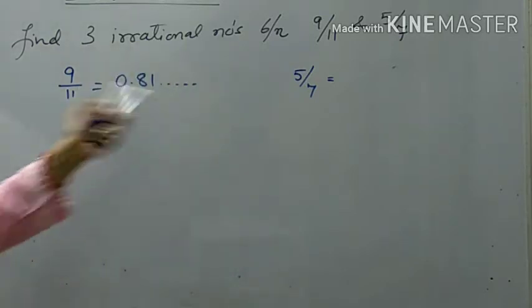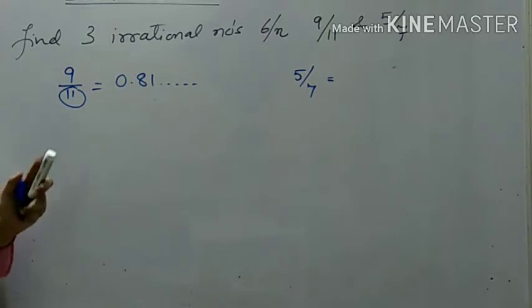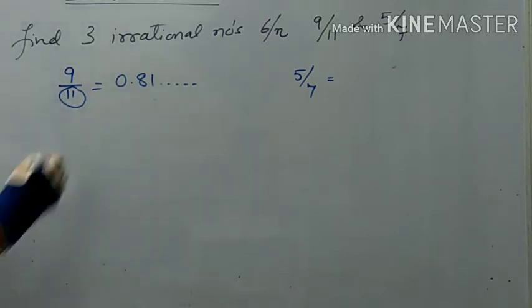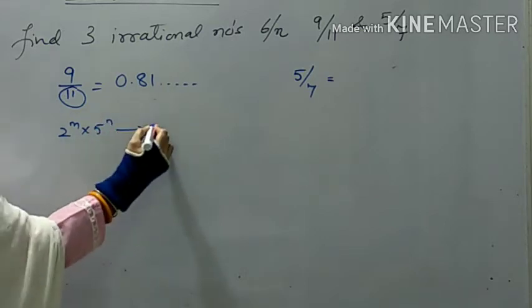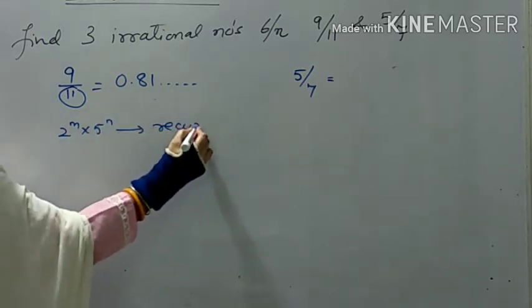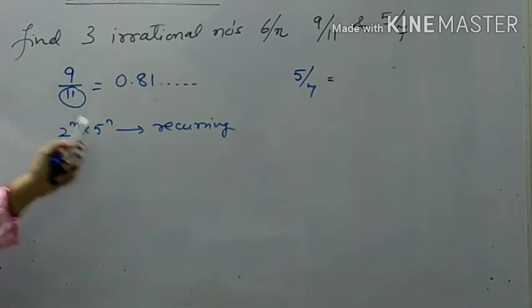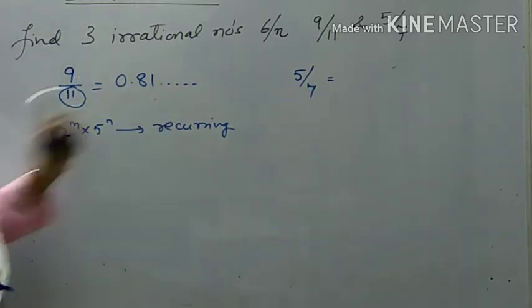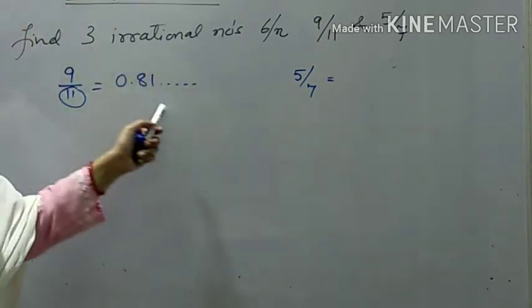Why? Because it is 9 by 11 and the denominator is not in the form 2 power m, 5 power n. Therefore it will be a recurring number, a non-terminating repeating decimal. But we are taking only 2 places of decimal, 0.81.